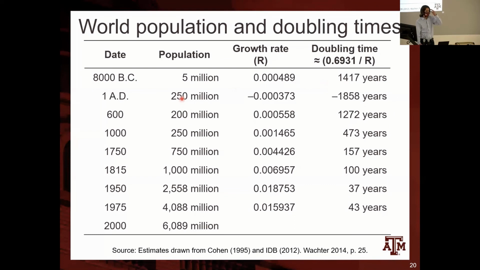What about here? The population was declining, but not so fast, minus 0.0003. What does this result here mean? Since it's negative, what we are saying is that the population of the world will decline from 250 million to 125 million, half of 250, in 1,858 years, if the growth rate continued to be the same one.